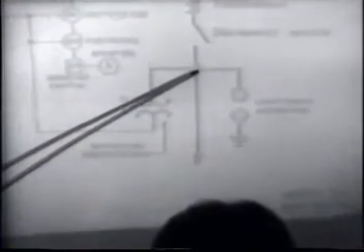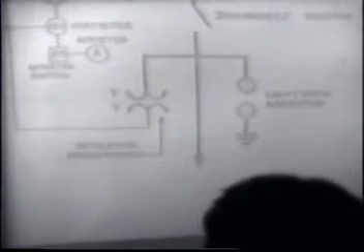The potential transformers serve a similar function as far as voltage is concerned. Their function is to reduce the voltage of the power circuit, which in our system can be in the order of 4,000 volts, can be 13,000 volts, 69,000, 161,000, or 345,000, and reduce it again to a workable level of approximately 120 volts.